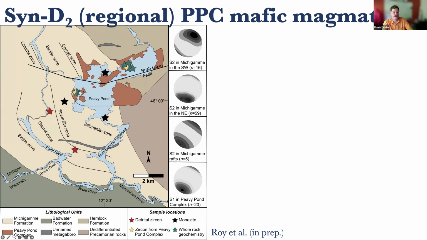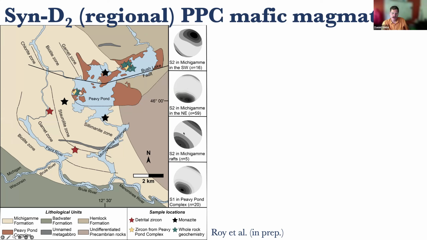In the case of the metasediments, this is an S2 fabric with the earlier fabric preserved between in the microlithon domains. In the case of the PV pond complex, a fabric of the exact same orientation is preserved, but in those meta-igneous rocks, it is the first generation there. So this constrains the PV pond complex mafic magmatism to also syn D2 and therefore syn regional metamorphic.